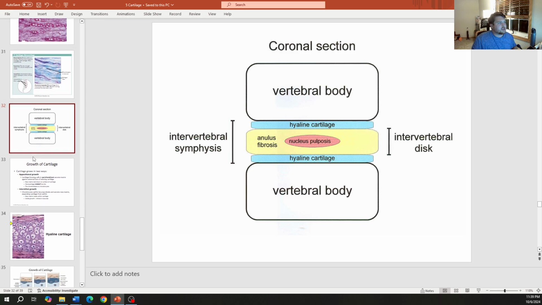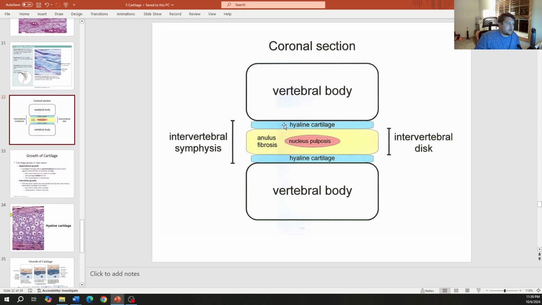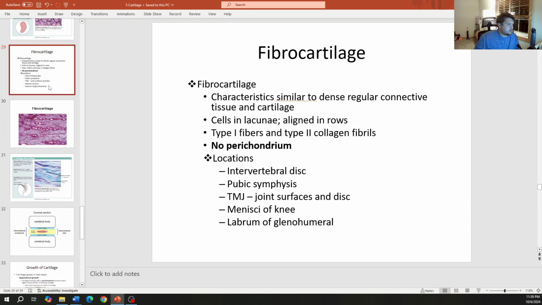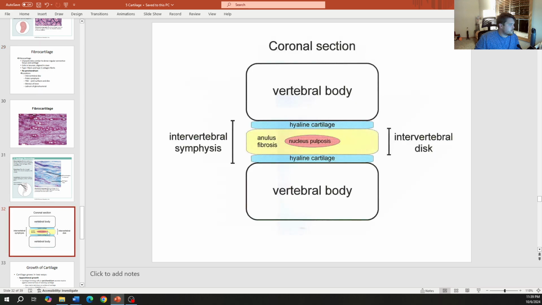Here's just a picture showing where it is. We have the fibrous cartilage. The annulus fibrosus has fibrous cartilage inside of it, so this is where we have fibrous cartilage. And then we have the hyaline cartilage on either side to help with the movement, help to cushion.